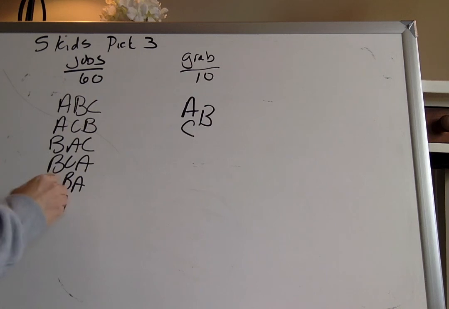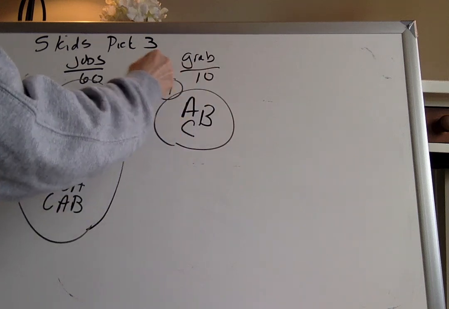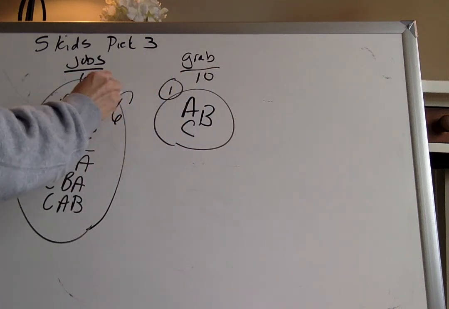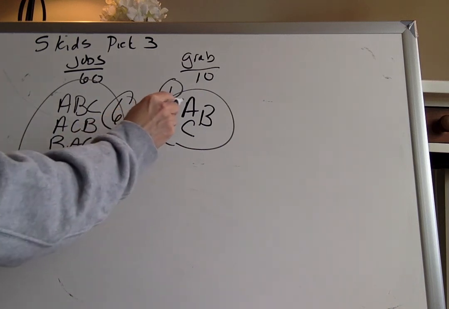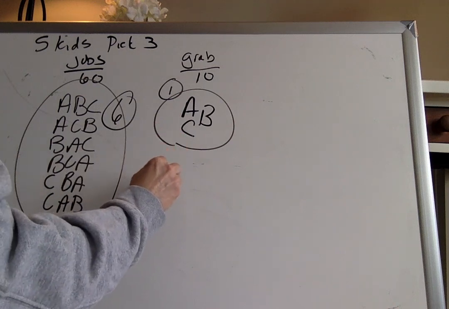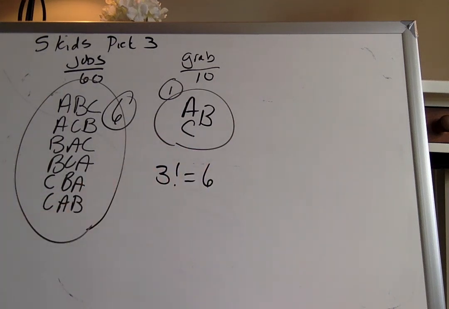CBA? CAB, right? Because it's that president, vice president, secretary. This one trio has turned into 6 things when you have jobs. So we're starting to see where that 6 comes from, because there were 3 things in there. 3 factorial is 6.